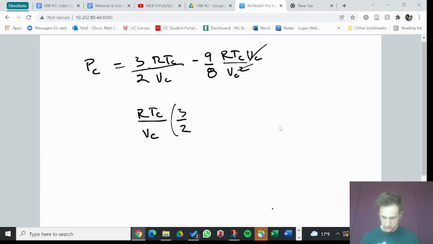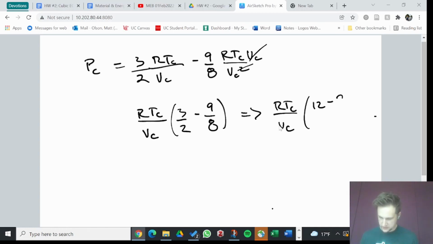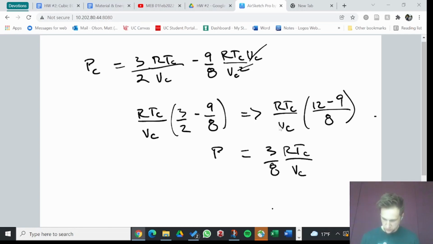So that's 3/2 minus 9/8, which leads us to RTC over VC is going to be, what is it, 12 minus 9 over 8, which leads us to 3/8 RTC over VC. And so this is the pressure at the critical point.